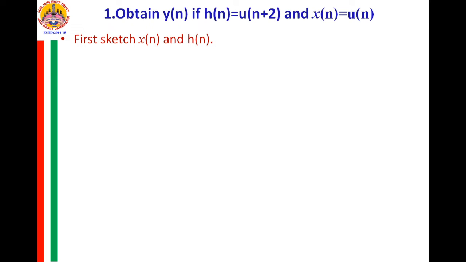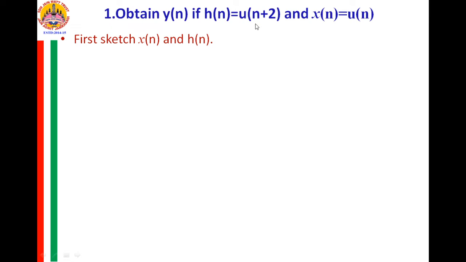To obtain y of n from this x of n and h of n, it is essential first to sketch the signals x of n and h of n. So, imagine and sketch it. You should be in a position to sketch the proper signal, then only will you be able to evaluate the convolution sum. So, the sketch is very important.